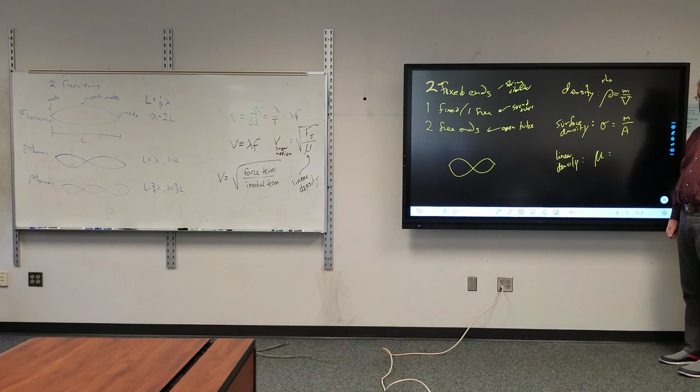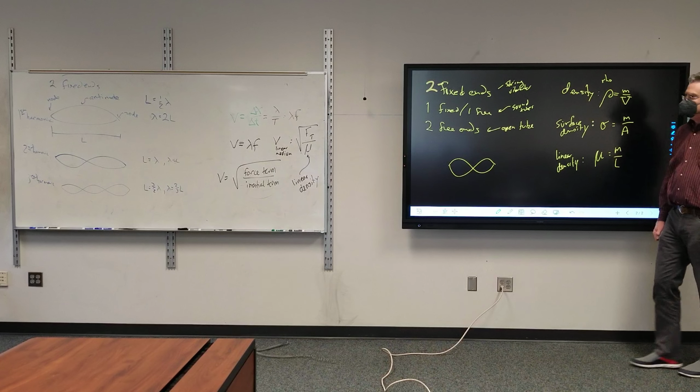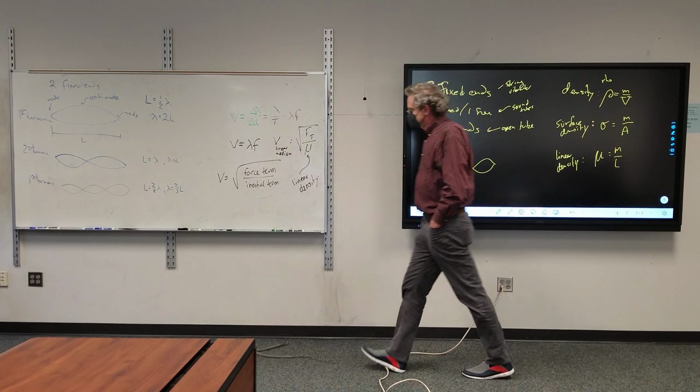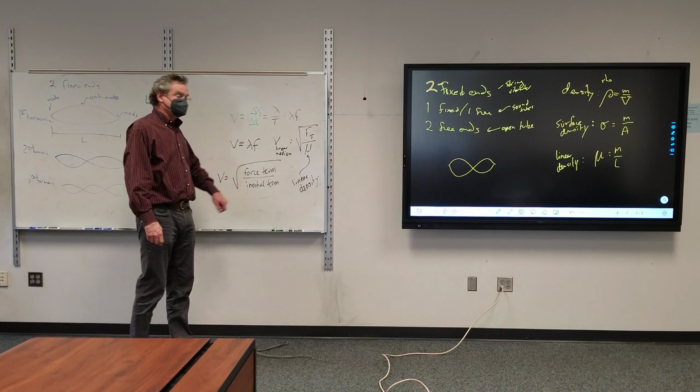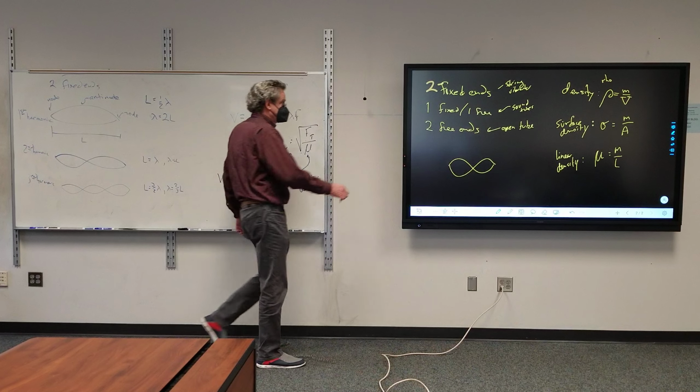You want to take a shot at that one? Mass divided by length. Yeah, mass over length. There had to be some mass term in there somewhere, because it's an inertial term and mass is a measure of inertia.